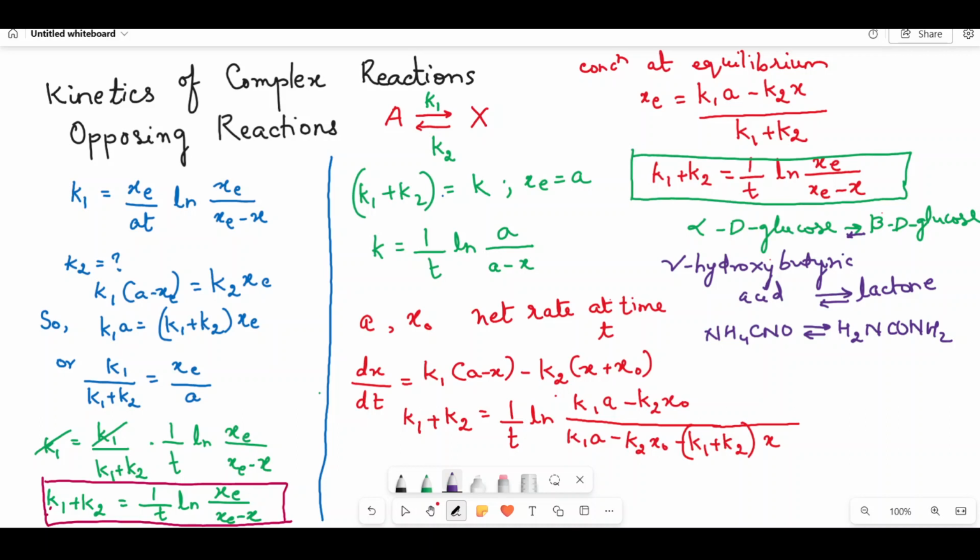They will undergo first order reactions. Next is parallel reactions. This derivation was incomplete for the earlier reaction, that is the opposing reactions that we have done. It is a continuity of opposing reactions. The next video that I'm going to upload is on parallel reactions.